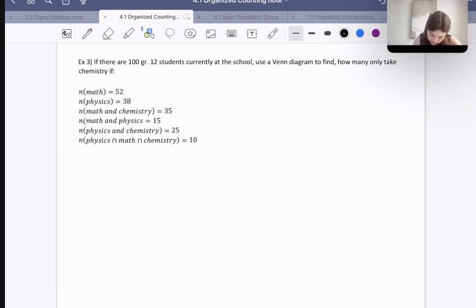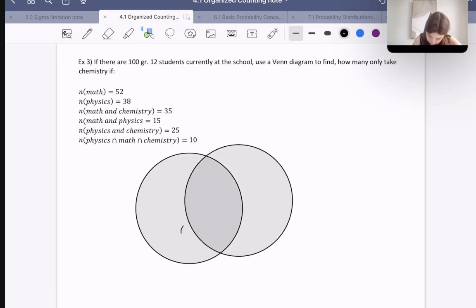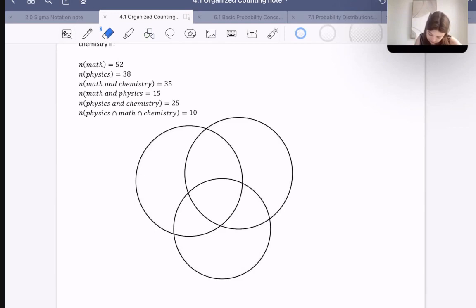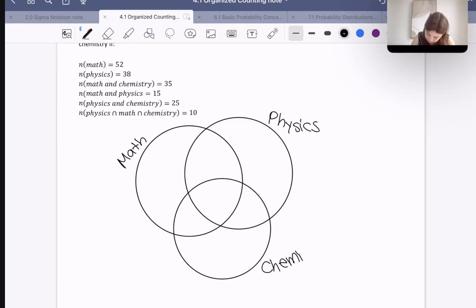So let's do it. Okay, here we're going to do math, here physics, and here chemistry. Awesome. Okay, so what do we do with Venn diagrams?